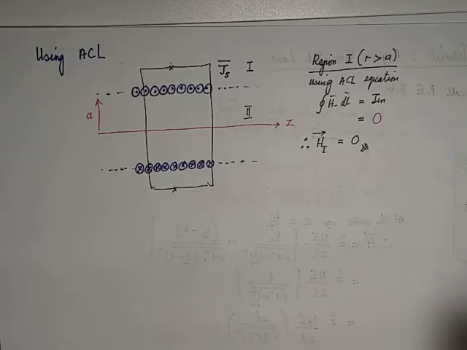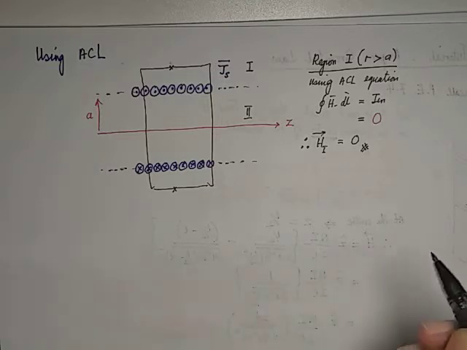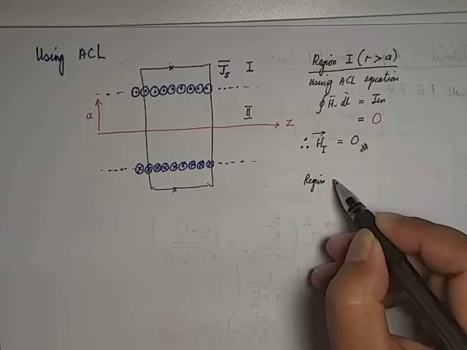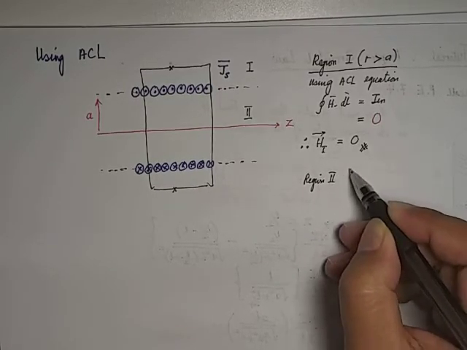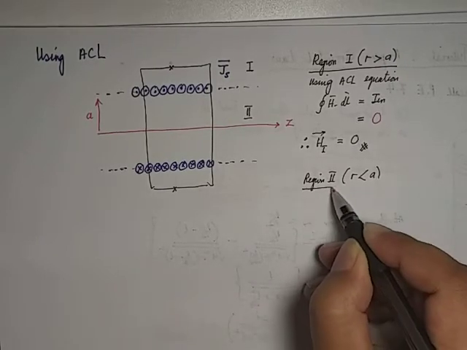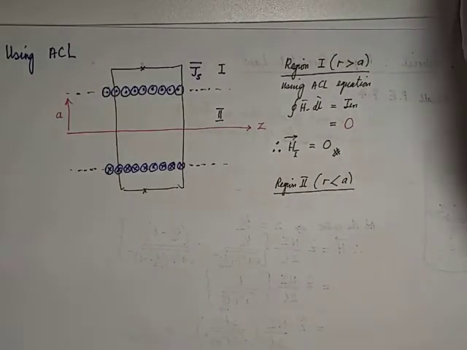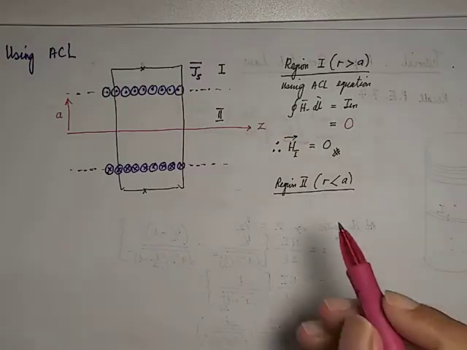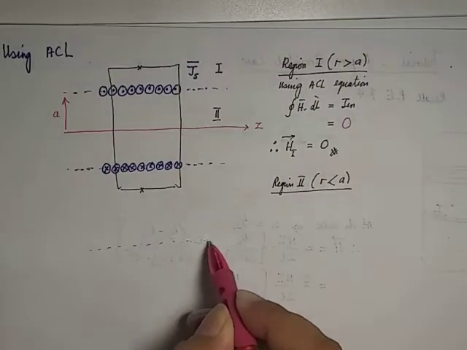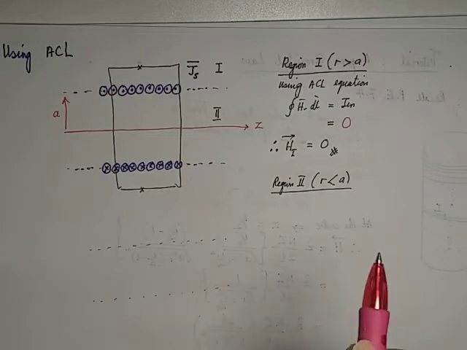Okay, so now let's go to the second observation, region number 2. Here we are focusing on R smaller than A. That's the condition for region number 2, R smaller than A. To make the problem clearer, I'm going to redraw my current profile again, just to make sure we see it clearly.